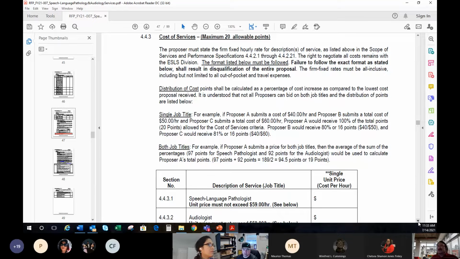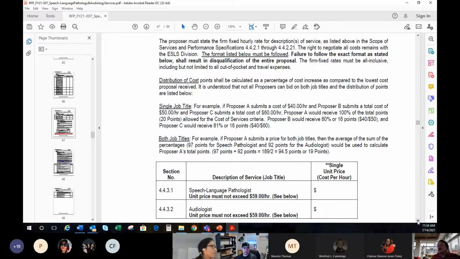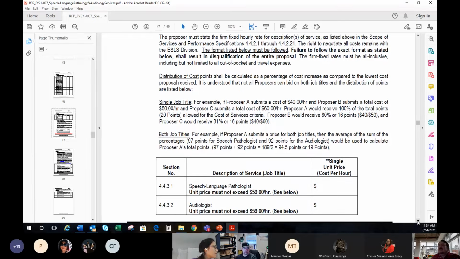So we can't use something that goes totally different than what we're asking here for section 4.4.3.1 or 4.4.3.2. So you'll want to keep this exactly the same as it is offered to you in the proposal. We also provide you information of how the cost of points will be calculated.